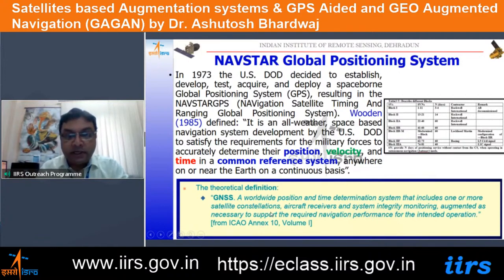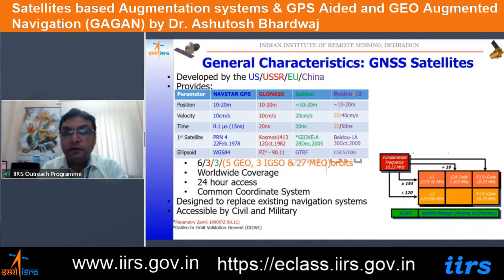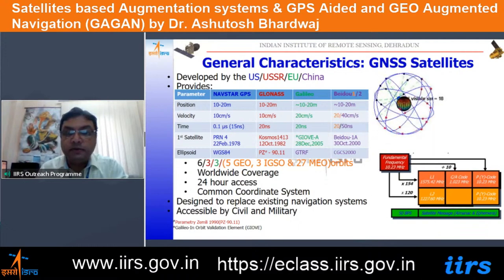Then we see that the ICAO is also an important party in this whole GNSS framework. Then we have covered the 4 global navigation satellite systems, out of which the 3 are completed: Navstar GPS, GLONASS, and BeiDou. They are providing their full services. However, Galileo is under completion. So it is also partly operational in parts of the world.